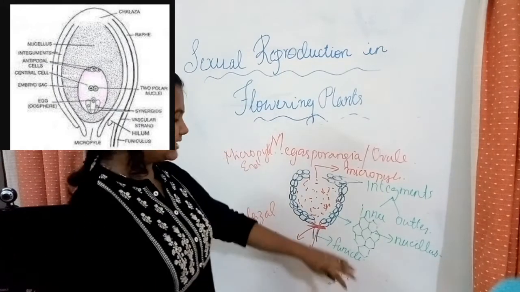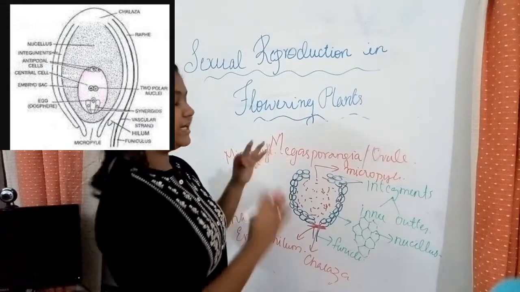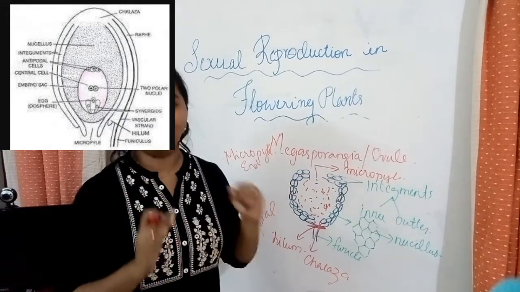That is what we say, the chalaza and the micropyle. So that is all to talk about the megasporangium or ovule.